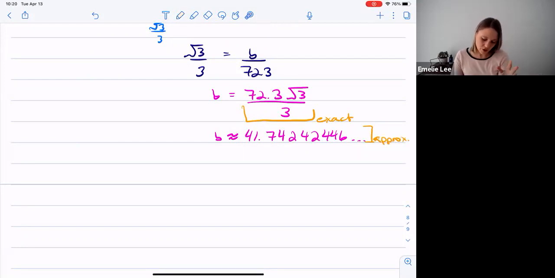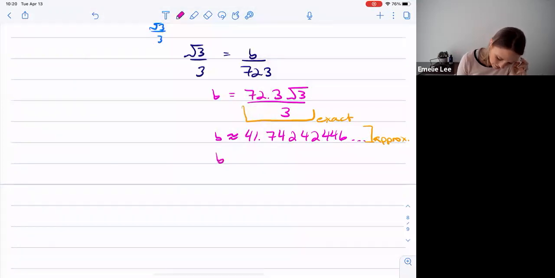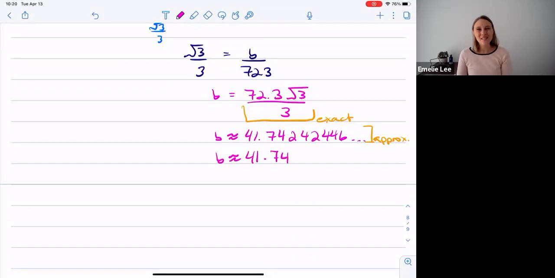But just in general, because 72.3 is a decimal, we are probably going to be able to use B as a decimal as well. So here, I'm going to say B is roughly 41.74, at least 2 decimal places, as many as you can kind of muster, but let's use it to 2 decimal places. Okay, good.